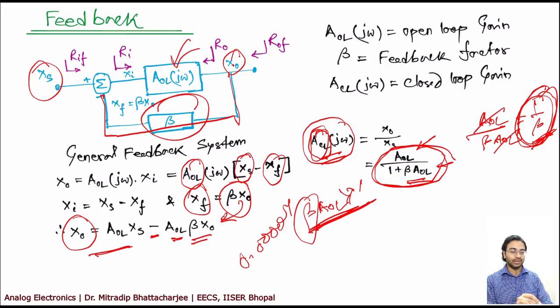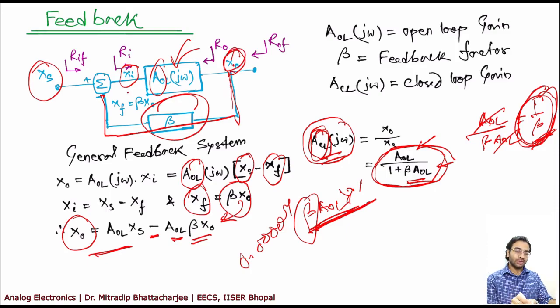Negative feedback means, say your Xi increased for some reason, say for temperature, or maybe your gain increased, say A0L increased because of temperature. If A0L increased, what will happen to X0? X0 will also increase for a particular Xi.